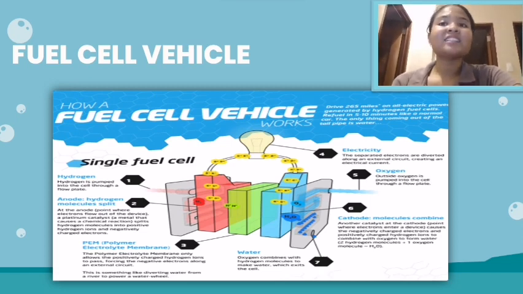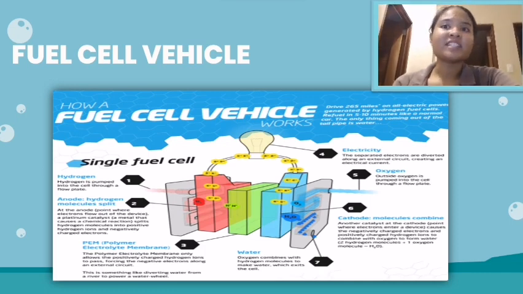So, another catalyst at the cathode causes the negatively charged electrons and positively charged hydrogen ions to combine with oxygen to form water. So, yung cathode naman, yung magko-combine ng hydrogen ions at ng negatively charged electrons para mag-produce ng water.